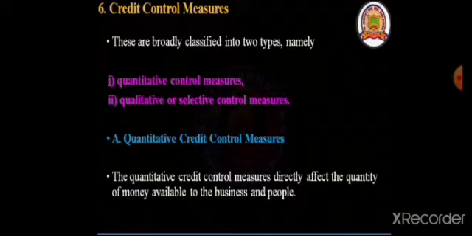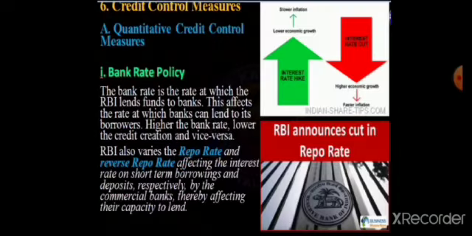But these quantitative and qualitative credit control measures have been subdivided into different types, which we are going to learn here. The first important quantitative credit control measure is the bank rate policy.